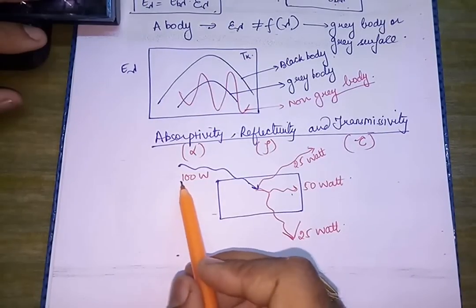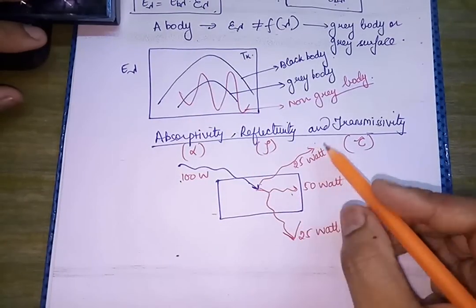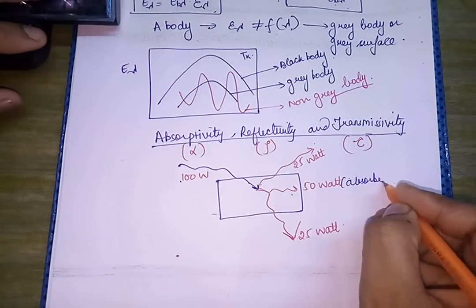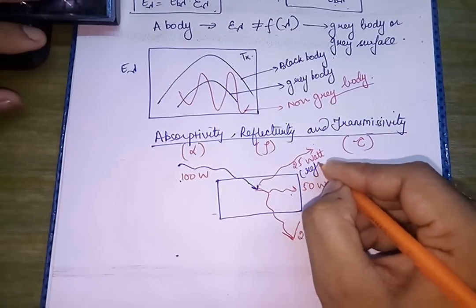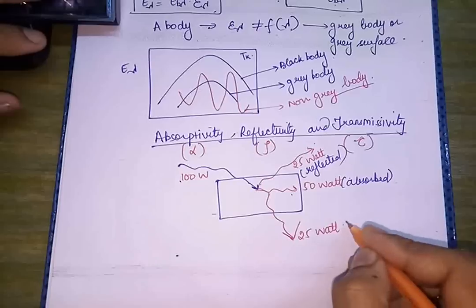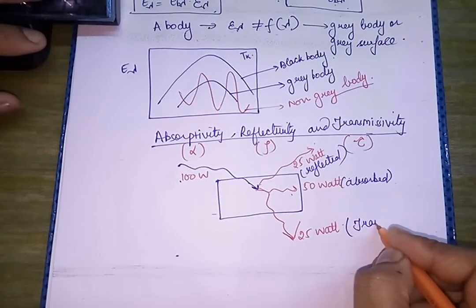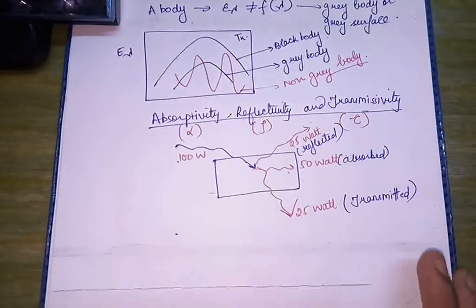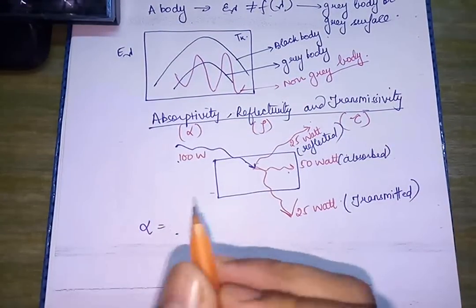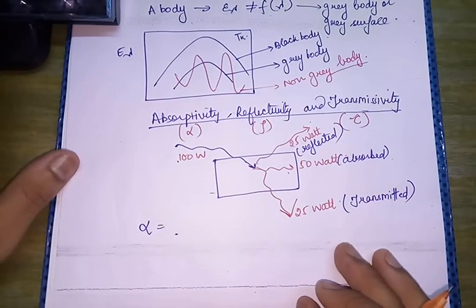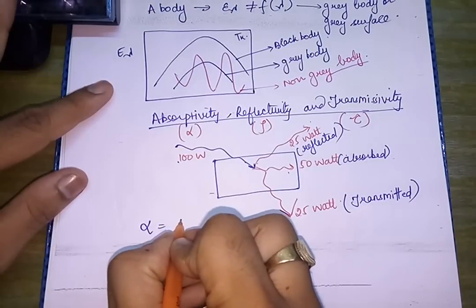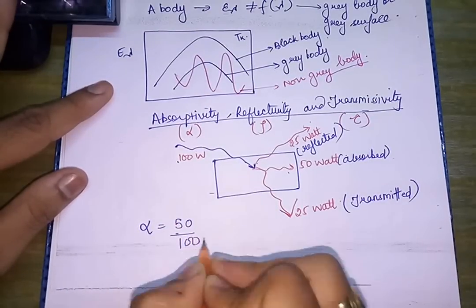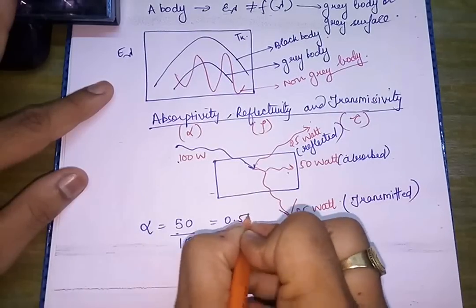Total 100 watt of energy is coming, out of which 25 is reflected back, 50 is absorbed, and 25 is transmitted. Alpha, absorptivity, is defined as the energy absorbed, 50 watt, upon the total energy 100, so it becomes 0.5.